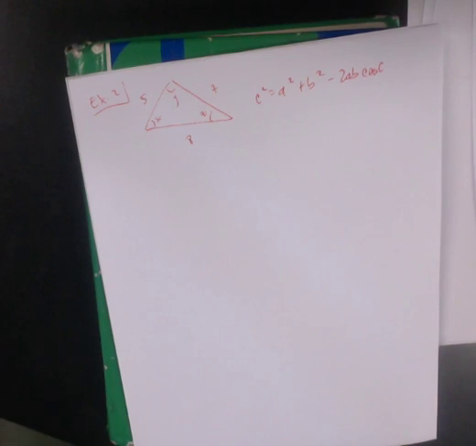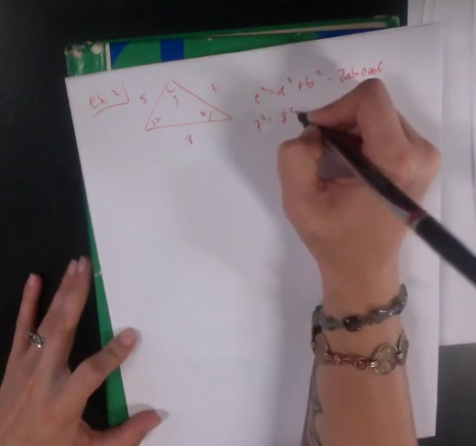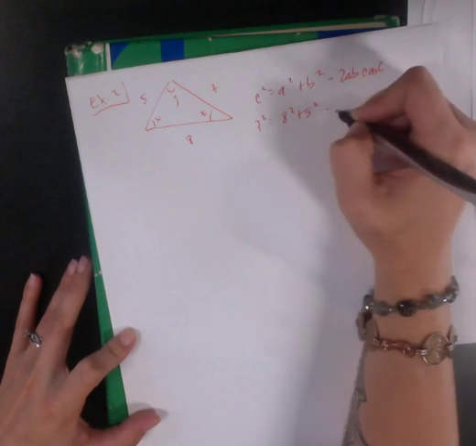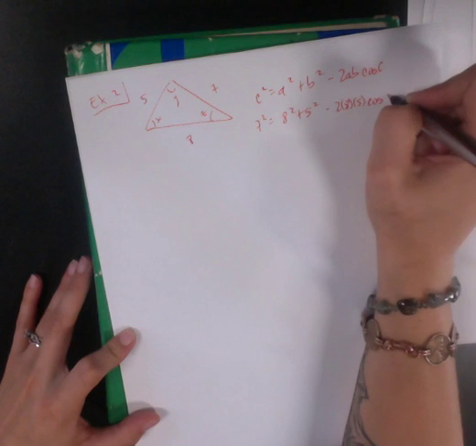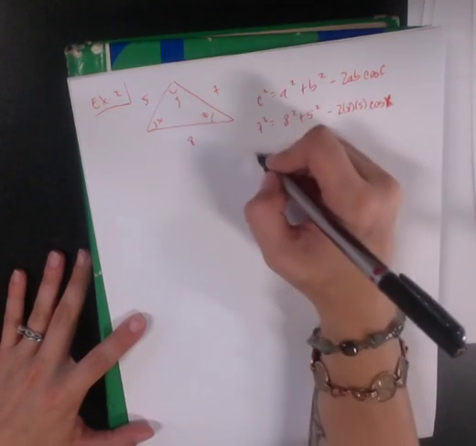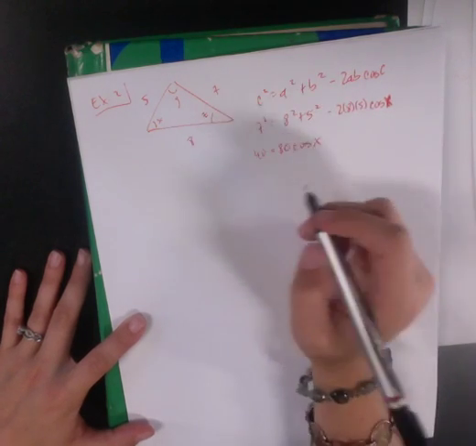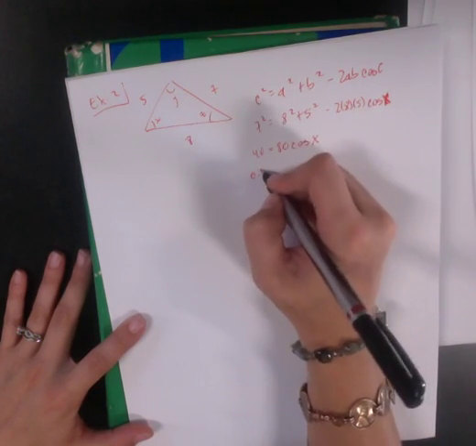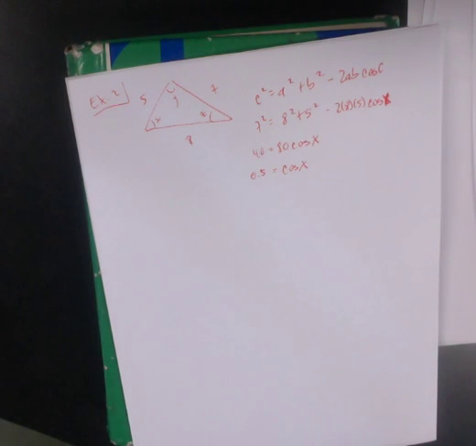Now, I want to find the angle c, so I'm going to say 7 squared is 8 squared plus 5 squared minus 2 times 8 times 5 cosine of x. Now if I move everything over, I get 40 is 80 cosine of x, so 0.5 is the cosine of x.